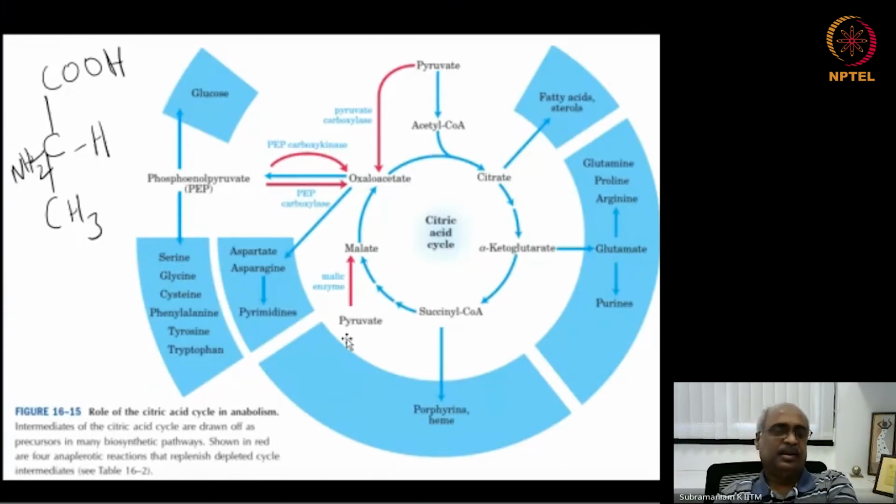And another intermediate that is replenished is malate. Again, the source is pyruvate. So primarily, anaplerotic reactions rely on PEP and pyruvate to produce either oxaloacetate or malate. So which one is the main one depends on the tissue. So in the liver and kidney, this is the dominant one.